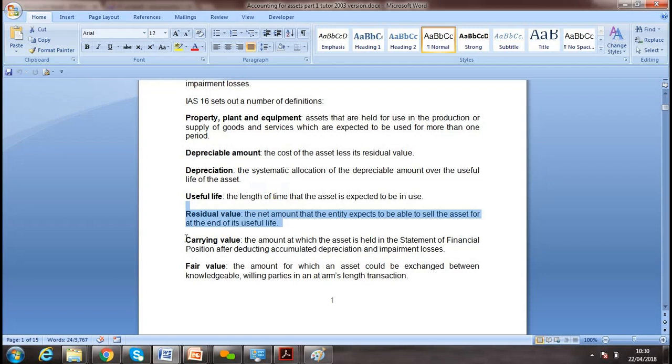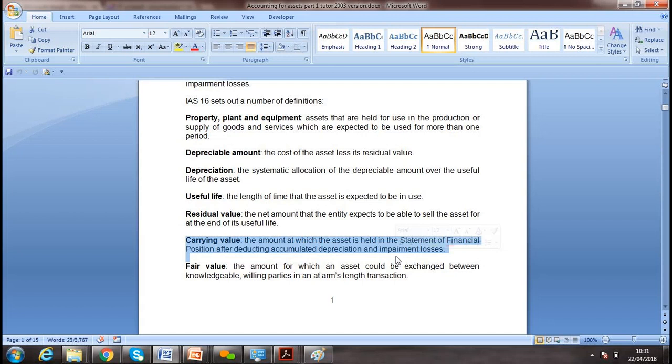Anybody heard about carrying value? Carrying value is the value at which the asset is held for a certain period, normally accounted for as a financial year. So carrying value is the value of the asset after taking out the depreciation after year one.